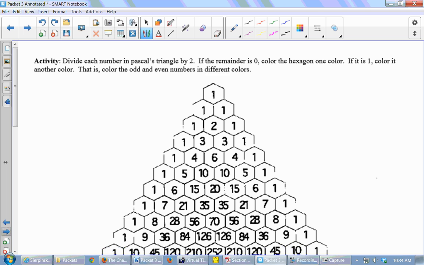Even numbers, yes. If you divide a number by 2 and you have no remainder, 2 went in evenly, that's an even number, right? And if you have a remainder of 1, what kind of number is that? Odd. Okay, so I want you to color the evens one color and the odds another color.